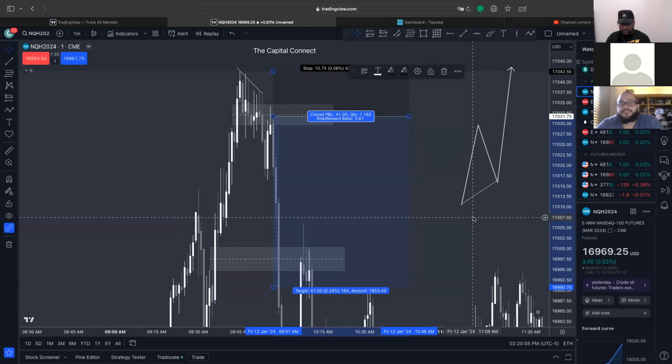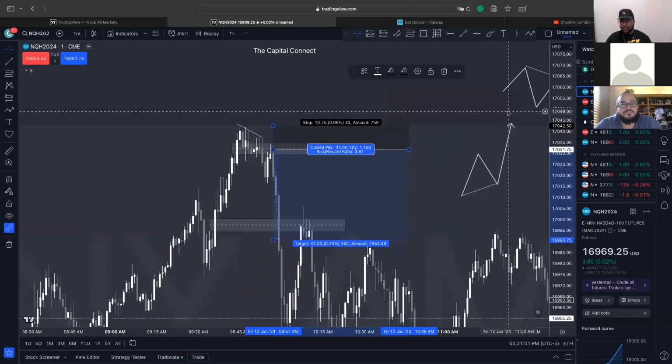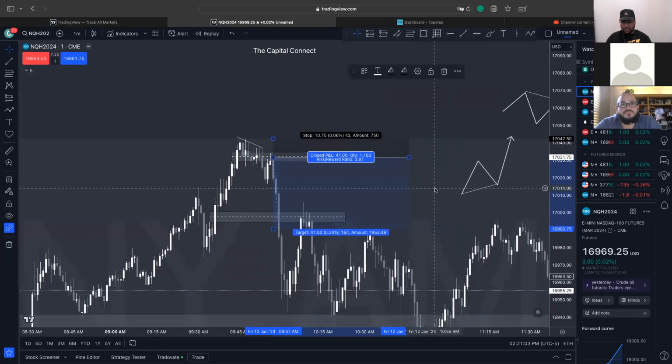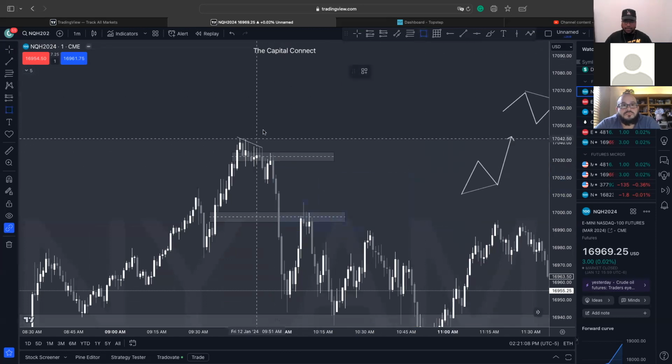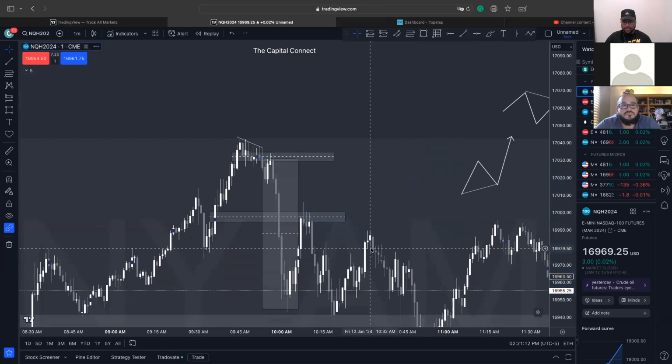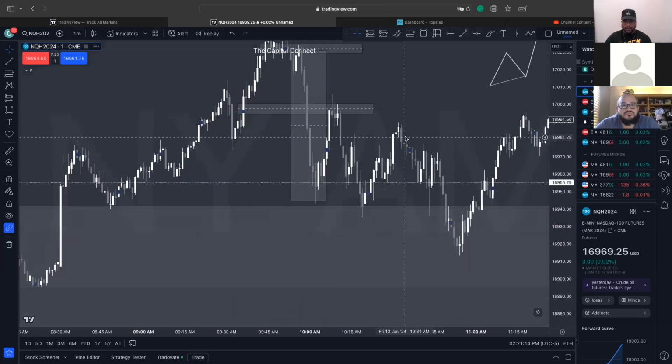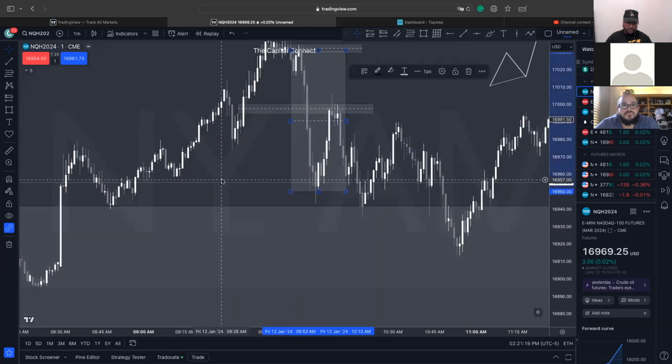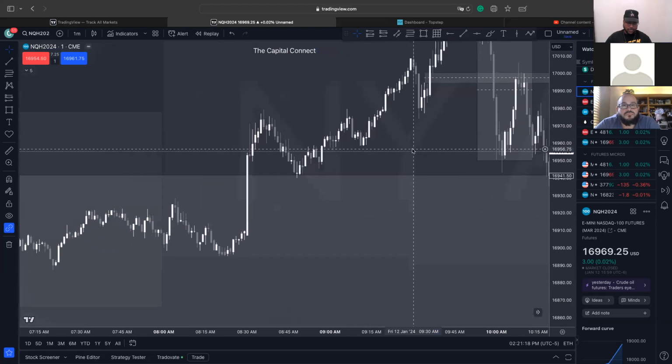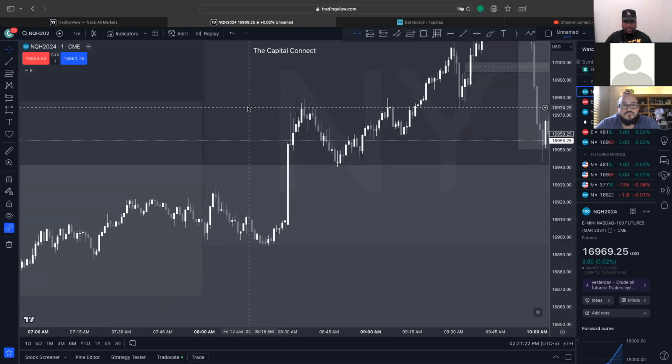Oh yeah. Okay. Just in case you don't know, Cortez, displacement is just an energetic move to the up and or downside, depending on what you're trading. So this right here, let me delete this. This whole move right here is displacement. Something that wouldn't be considered displacement is like this little area.